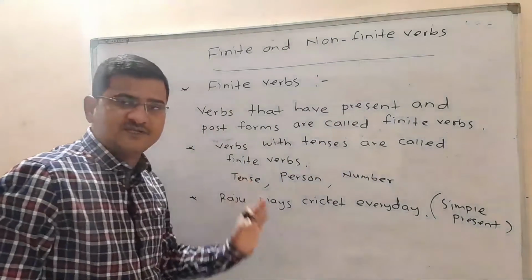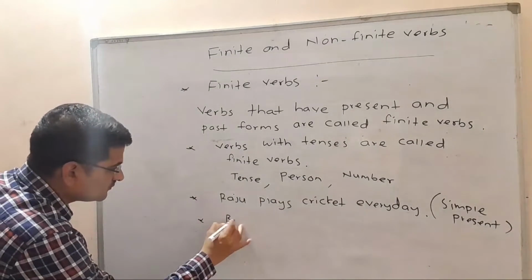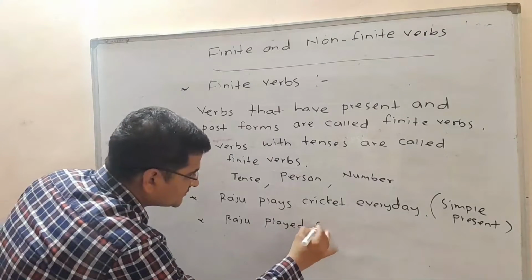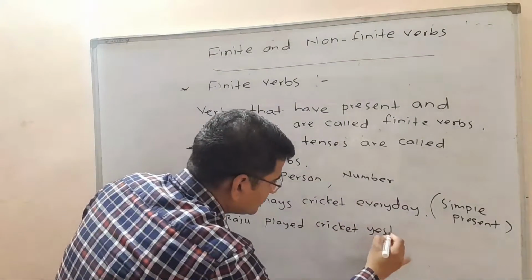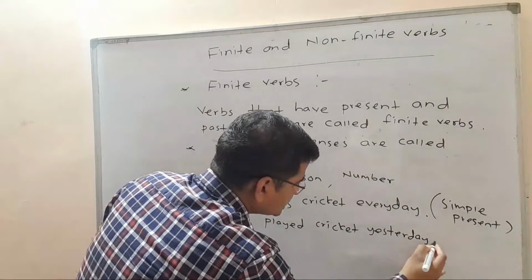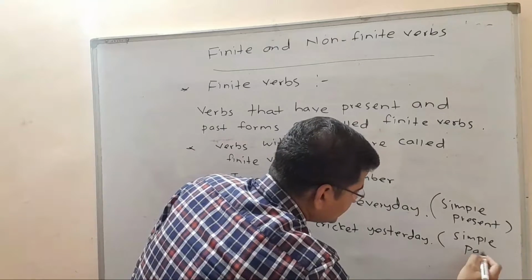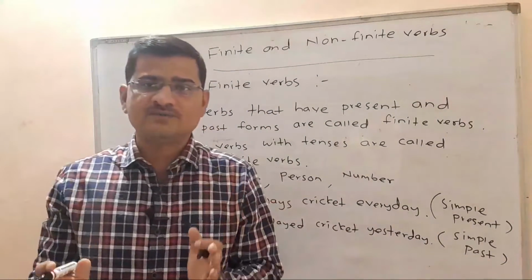Now look at another sentence which I am writing on the board. Raju played cricket yesterday. This is a sentence of simple past tense. So see here, look at the verbs.